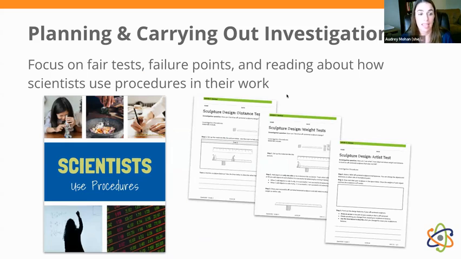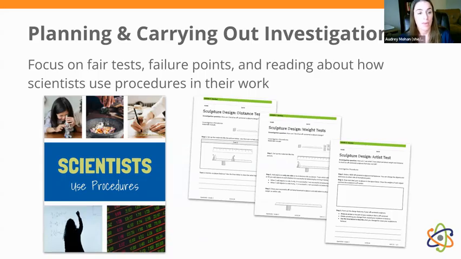We highly scaffold this practice throughout the entire unit so that they get somewhat planned-out investigations that they're carrying out and recording notes and thinking about. But towards the end of the unit, they're doing a lot of the planning and carrying out and figuring out what procedures they need to do and why they need to do them.